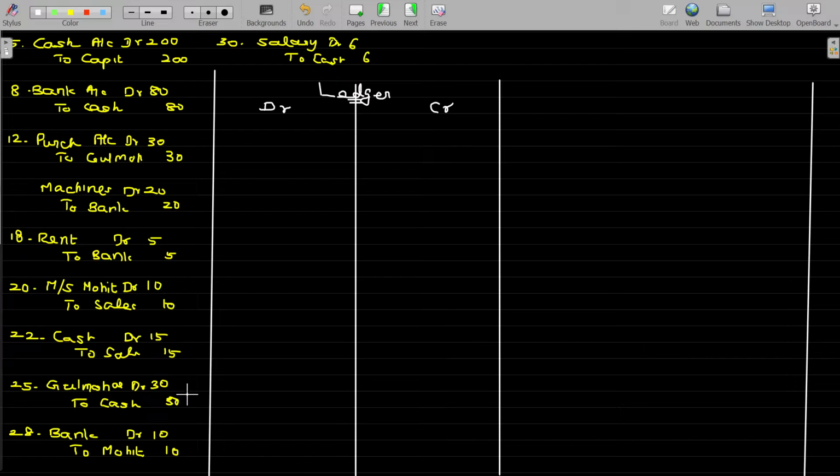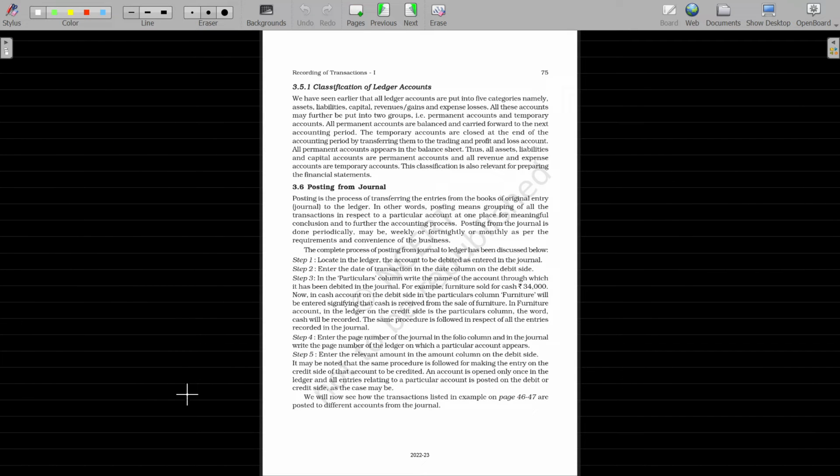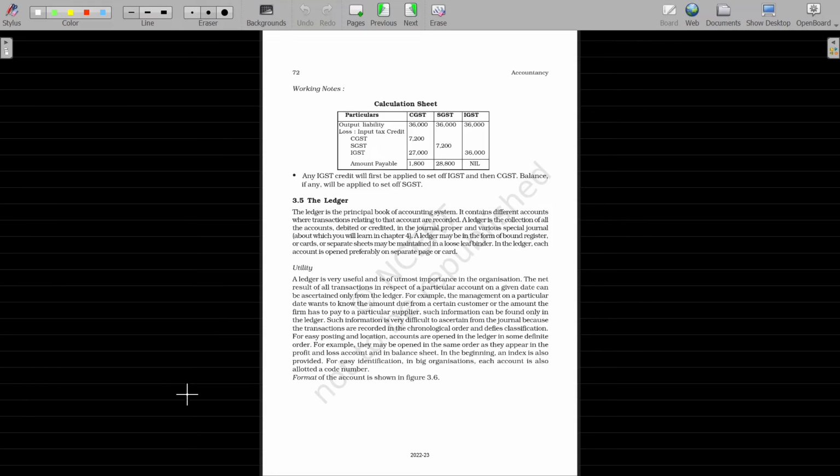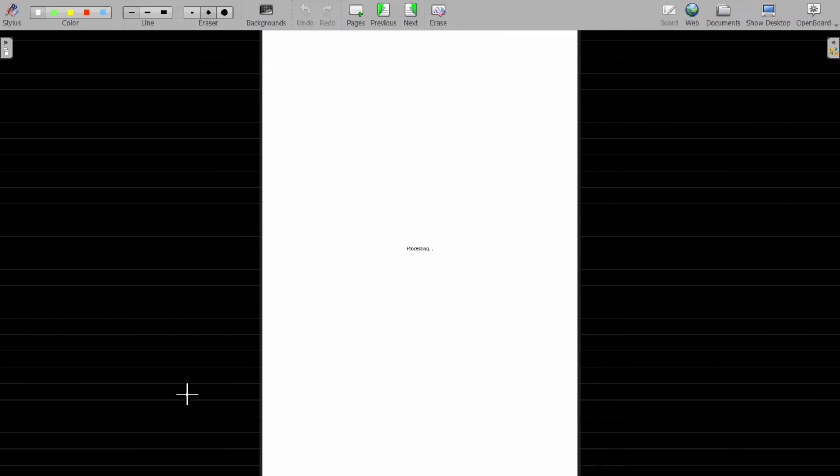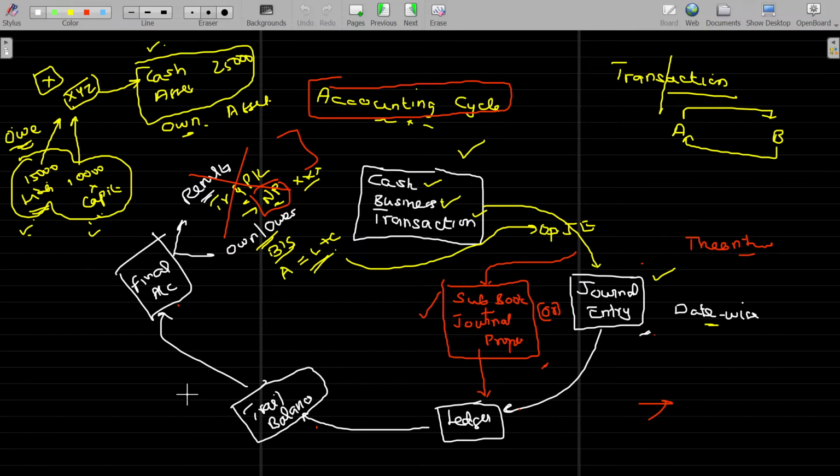So as I already told you, the journal entry is posted date wise. But my intention is to find out what is the balance of a particular account. Right. Now, already guided you the accounting cycle. In the accounting cycle, journal entry is posted date wise.